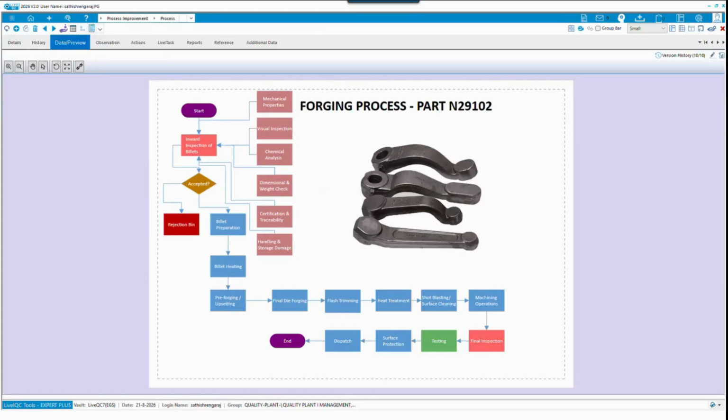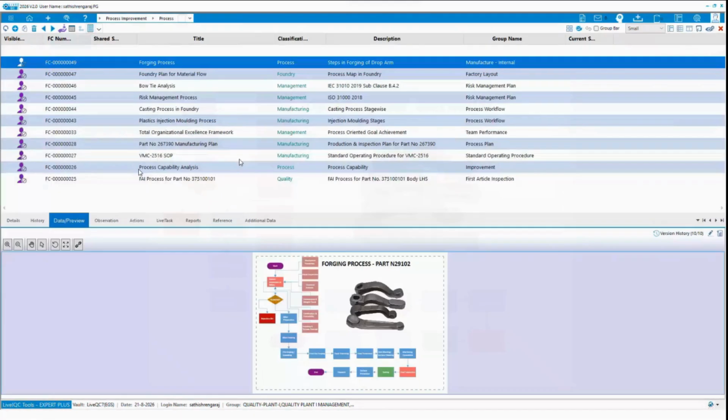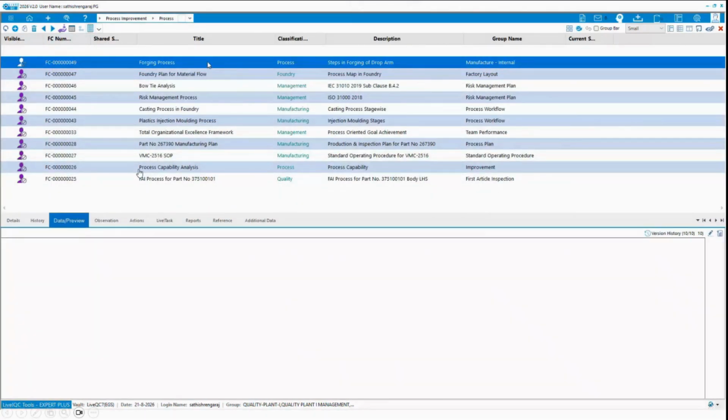So the process we are going to use for creating this component has to be transparent to all the stakeholders. What do you mean by stakeholder? Everything is transparent. Inward inspection of billets. If I click on that, I should be able to get the information I want.